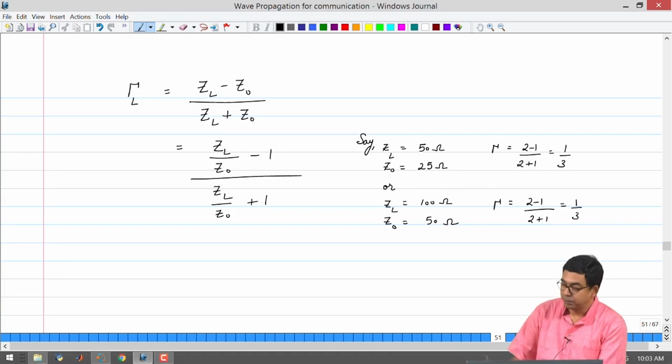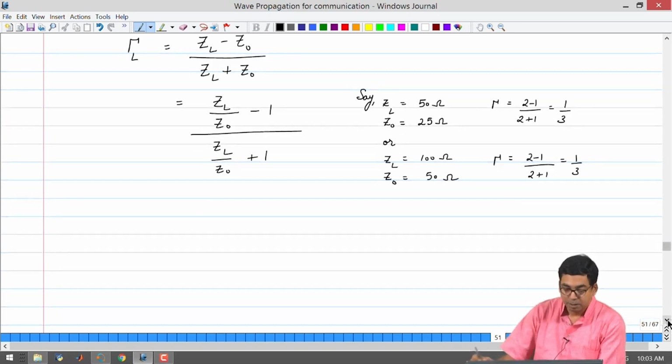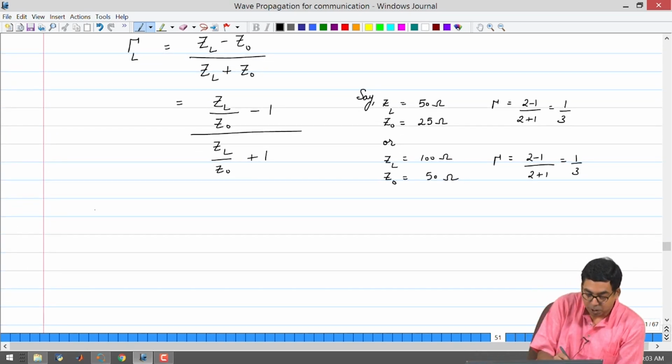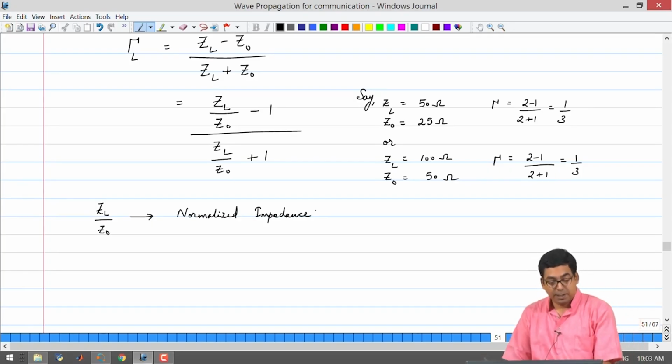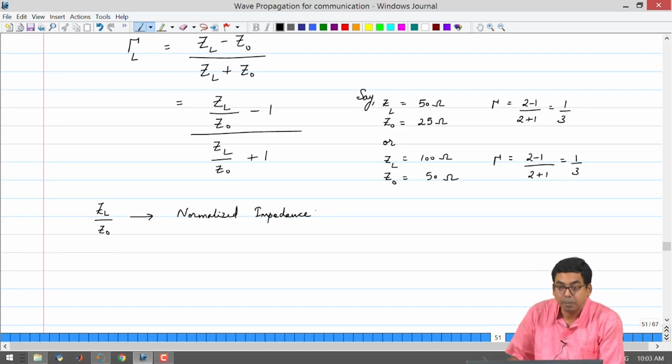This ratio we refer to as normalized impedance. We can say that ZL by Z0 is the normalized impedance.